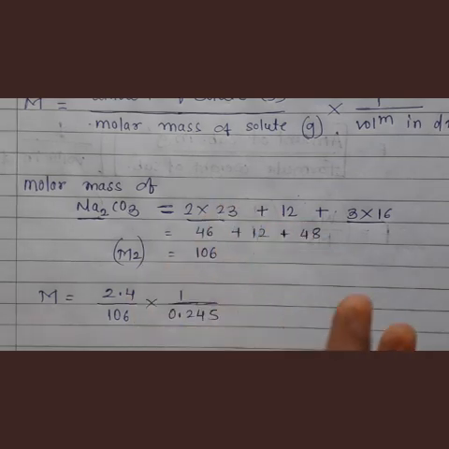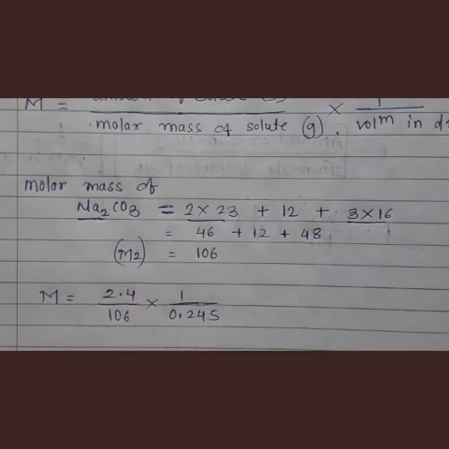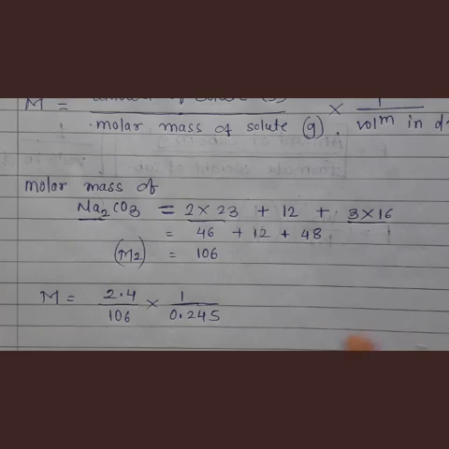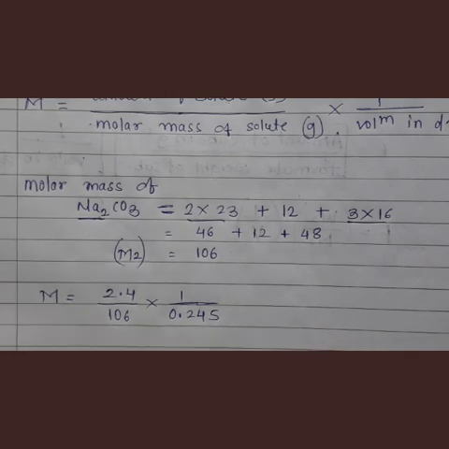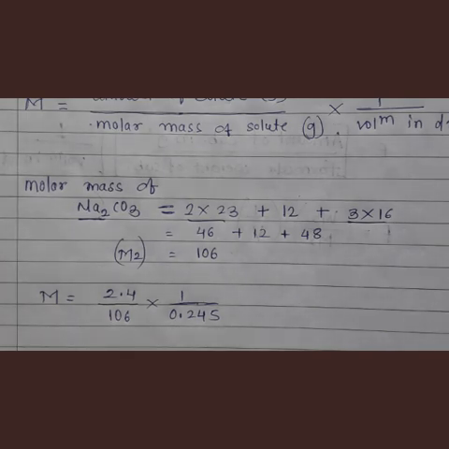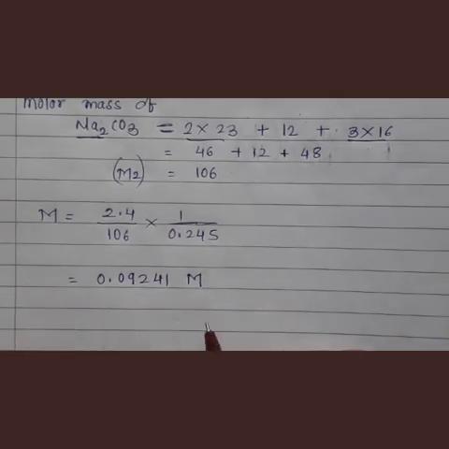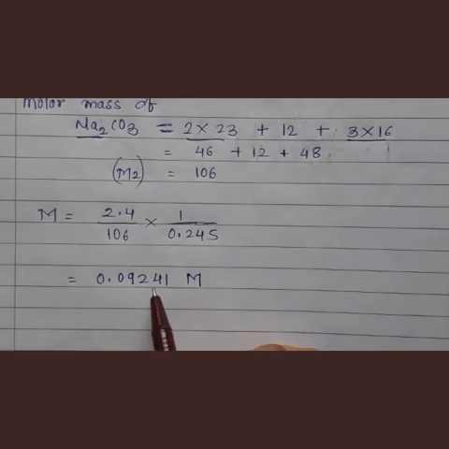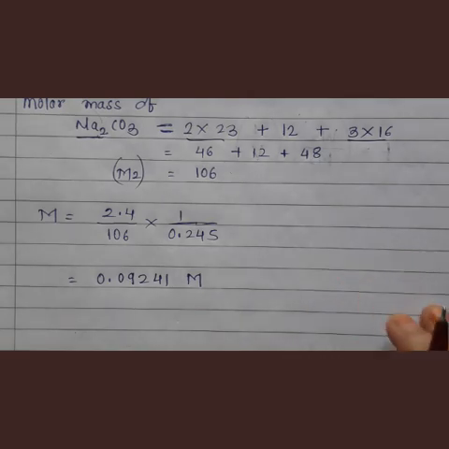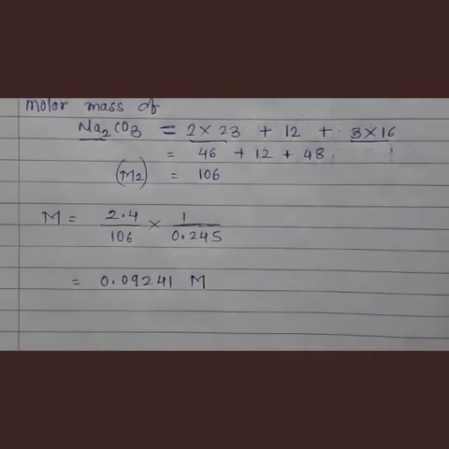Now you have to solve this on a calculator, and the final answer you will get is 0.09241 M. This is the symbol of molarity. So the molarity of this Na2CO3 is 0.09241 molar. Understand? In this way you can do the calculations of molarity.